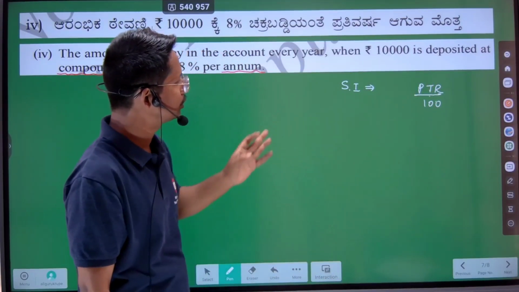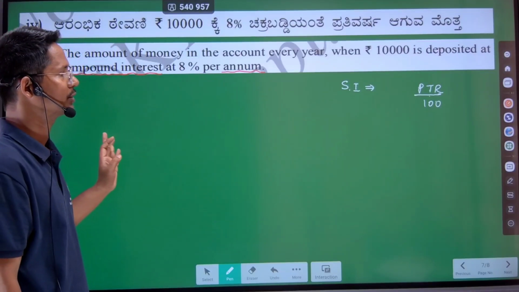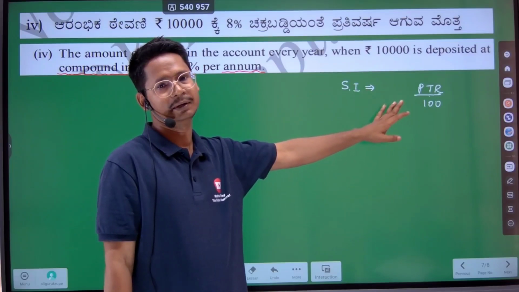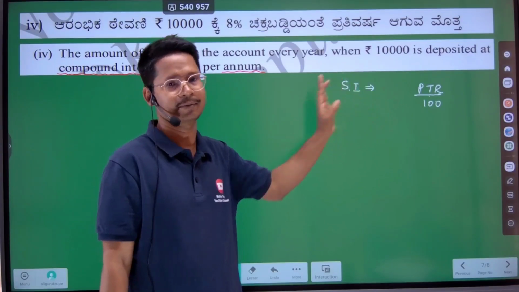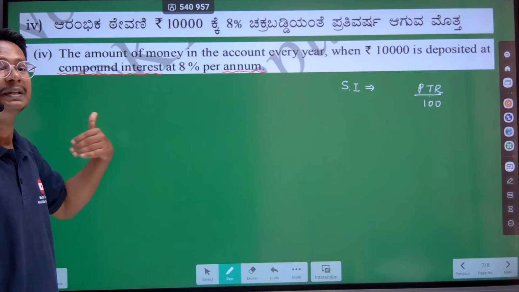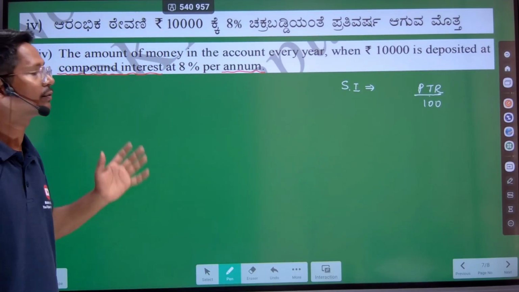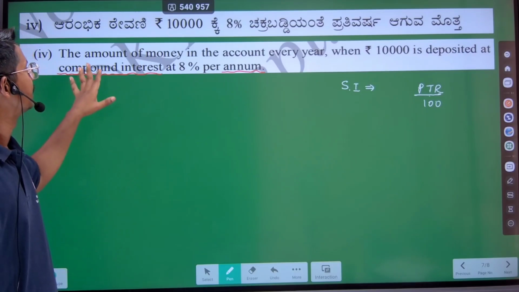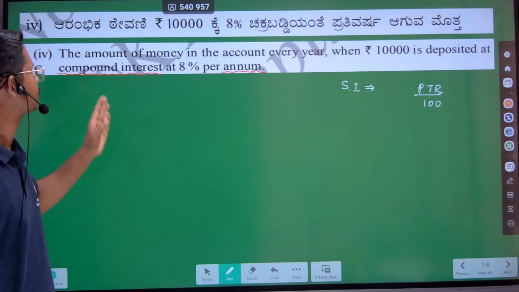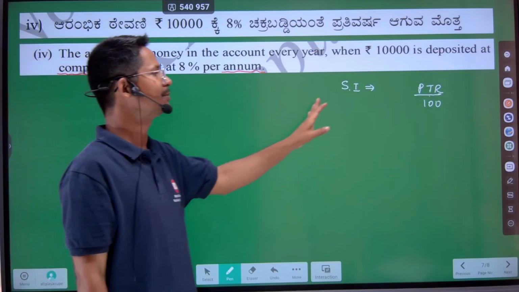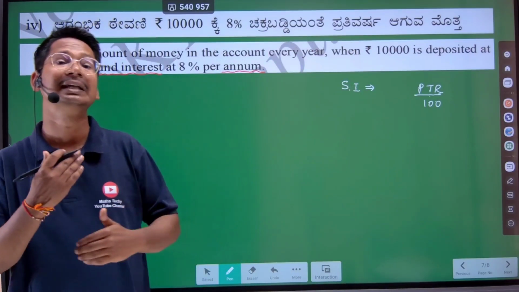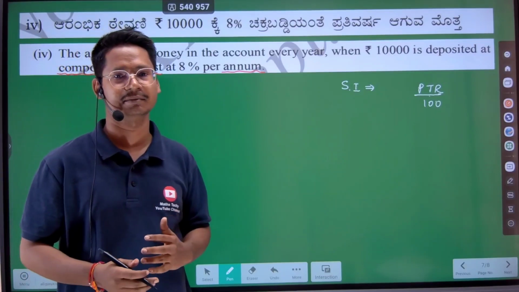The difference between simple interest and compound interest is that in simple interest the principal is the same every year, whereas in compound interest the principal changes every year. In simple words, interest on interest is called compound interest. In simple interest you get the same interest every year, but in compound interest the interest goes on increasing. That is the main difference.